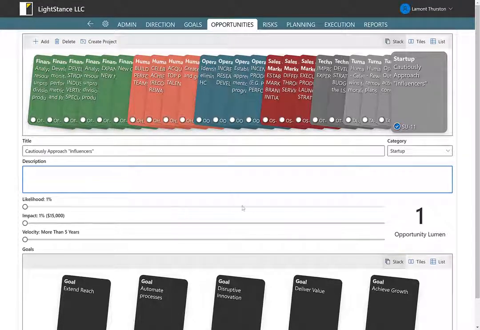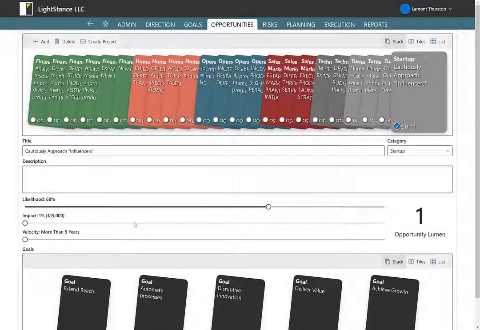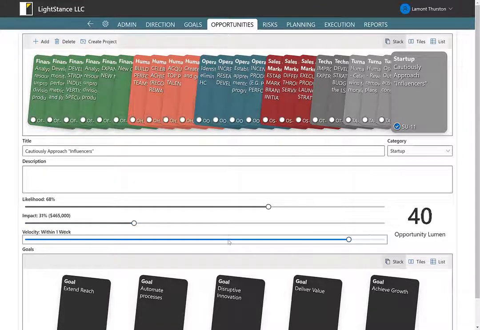Within the system, we also have the ability, and this is fostered through a workshop around opportunities, to look at the likelihood and the impact and the velocity with which something could take place. So the velocity is a modifier.